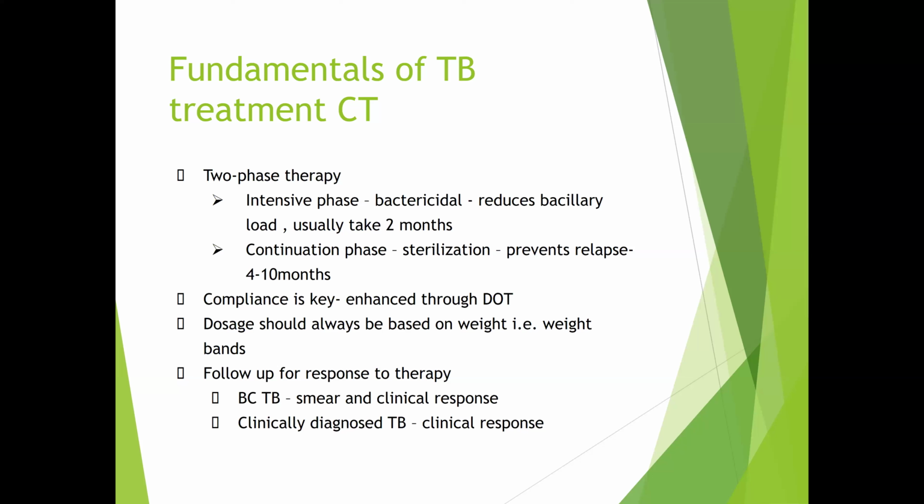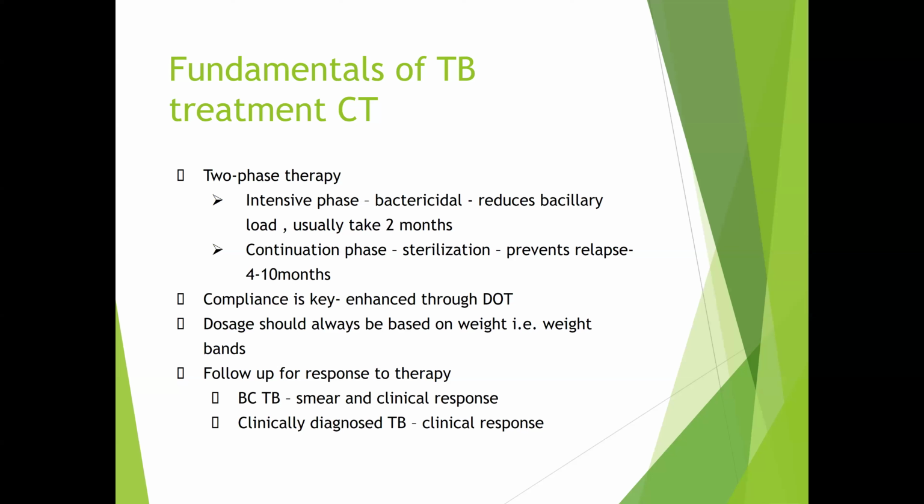Compliance is key in the management of TB. We need to enhance adherence, which we do through DOTS, that's directly observed therapy. Dosage should always be based on weight. That's why we usually ask that the patient has to have a weight taken, because their dosage is dependent on their weight band. Follow-up of response: for those who are PTB bacteriologically confirmed, we do smears at 2 months, 5 months, and 6 months.